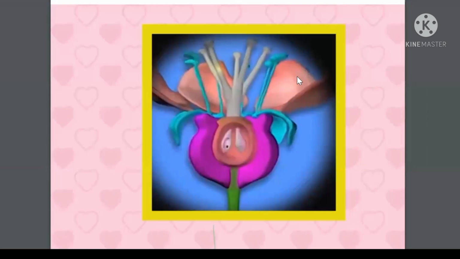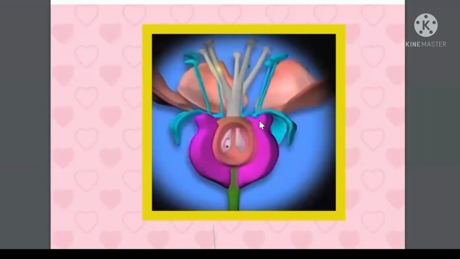See, this is the petal. This is androecium, this is gynoecium, and this is its seed and ovary portion. But around this portion, one more portion we can see now, and this is sepal.